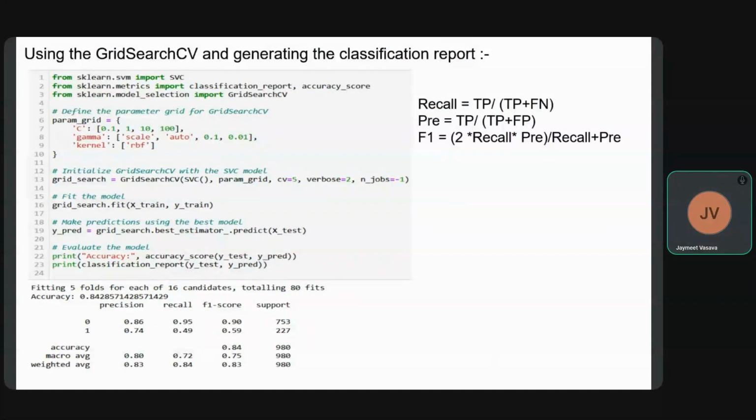Then we directly use GridSearchCV for the SVC model, or the support vector classification model, with a CV value of 5.